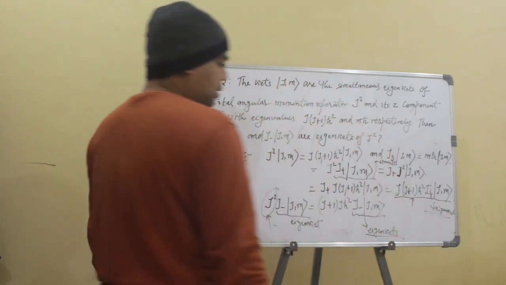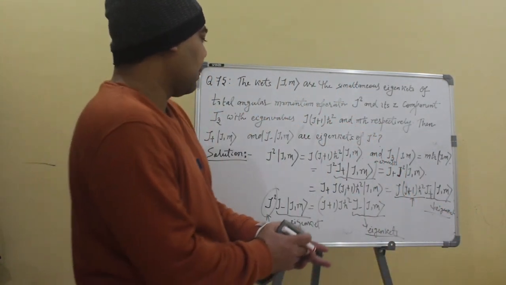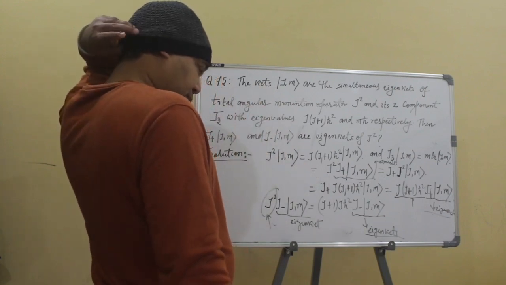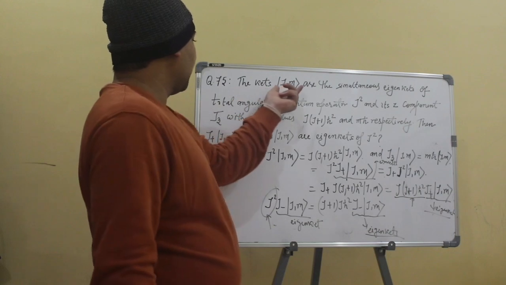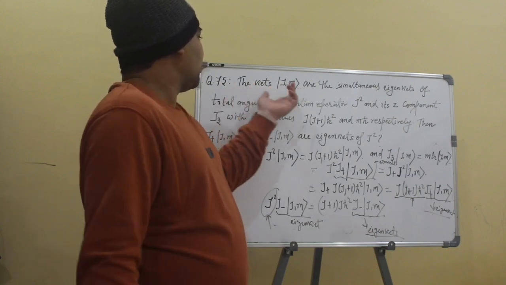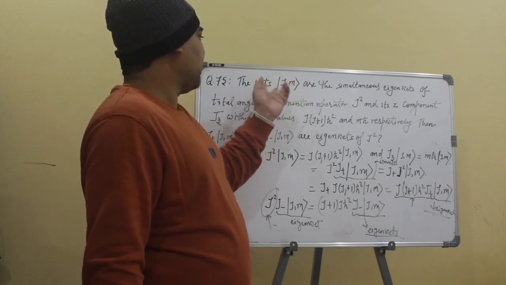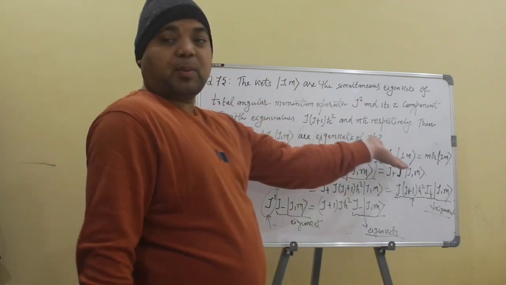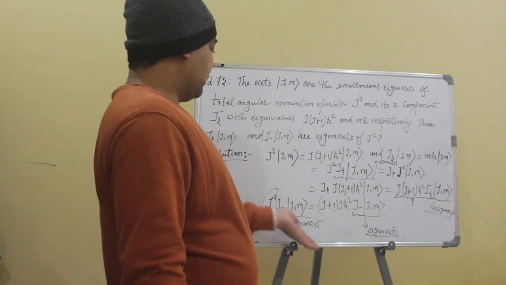So if two operators are commutative, then they can be written as the simultaneous eigenvector of the two operators, right?